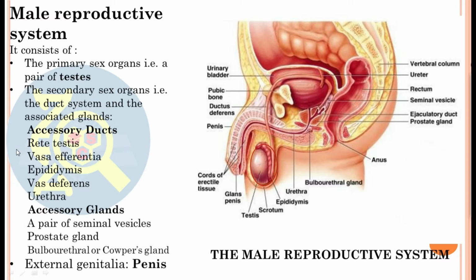Accessory ducts include rete testis, vasa efferentia, epididymis, vas deferens, and urethra. And the accessory glands include a pair of seminal vesicles, prostate gland, bulbourethral or Cowper's gland, and also the external genitalia, which is the penis, which plays an important role in the reproduction process. Now we are going to learn about this in detail.